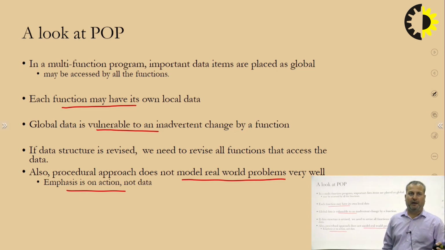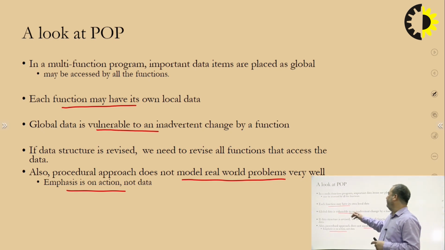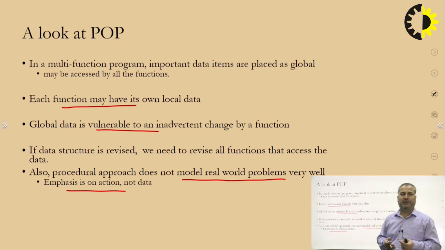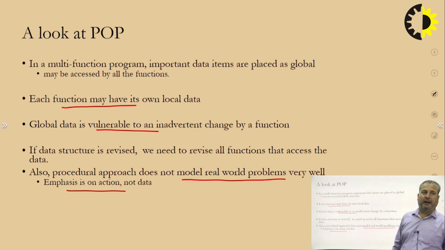Now the global data, I mean the variables which can be used by all functions, are more vulnerable to an inadvertent change by a function, because the data flows among various functions. So of course that global variable in procedure oriented programming could be vulnerable, and that is a drawback of procedure oriented programming.